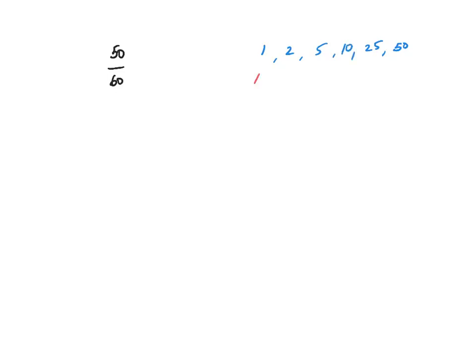Of 60, 1 and 60, 2 and 30, 3 and 20, 4 and 15, 5 and 12, and squeezed in here 6 and 10. So if I'm looking for my greatest common factor, it's going to be the 10 right here.